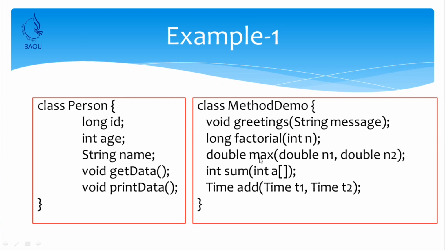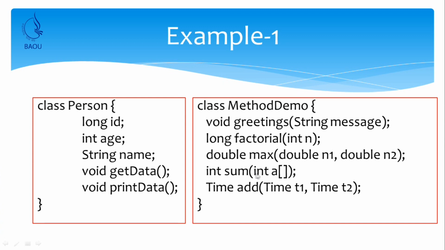The next method demonstrates that we can have multiple arguments also. Here we take two arguments or two parameters n1 and n2, find the maximum of these two values and return it as a double value, and our method name is max. The next method demonstrates that we can have an array as a method argument also.